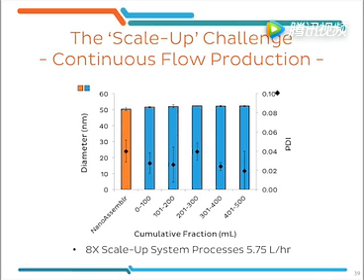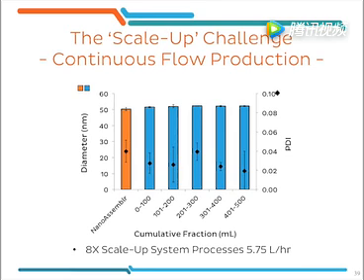This graph here shows you the formulation of one type of nanoparticle, a lipid nanoparticle formulation that was once made with the NanoAssembler benchtop instrument, so at a small scale of 2 milliliters. And then in blue, we see the formulation made on a large scale-up system without having to adjust anything, really.